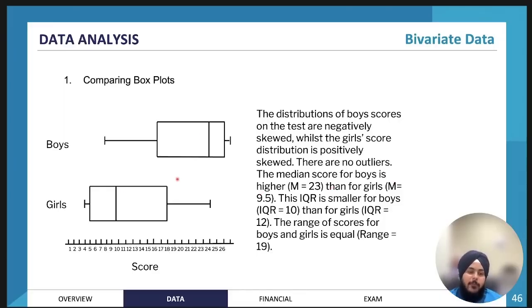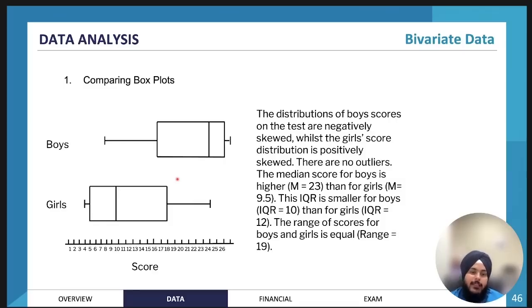And then lastly, we need to compare the spread. When we're comparing the spread, we can talk about the IQR, or the range, or the standard deviation. Standard deviation and range are non-resistant statistics, so they're impacted by any outliers and also any skewed data.